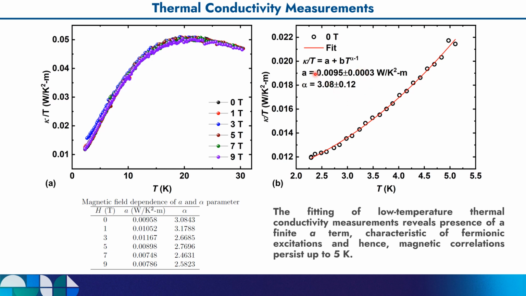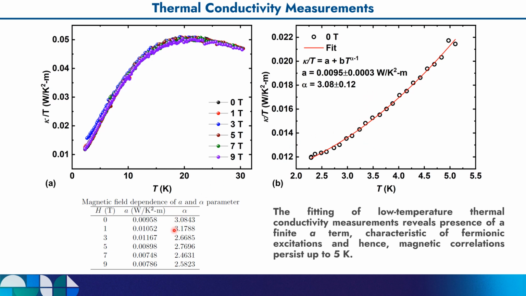In this approximation, the first term tells about the contribution from fermionic kind of excitations. So in this system, since it is an insulator, we can't expect this contribution is coming from electrons. So it may be the magnetic excitations which are scattering the phonons at that temperature.